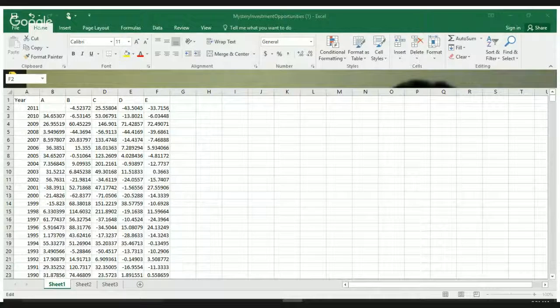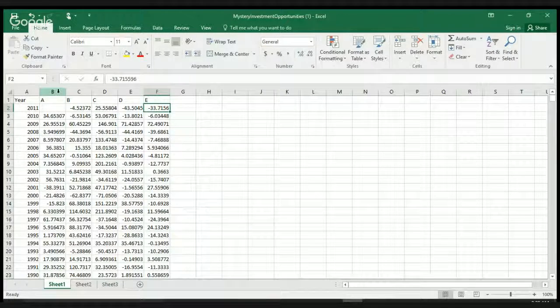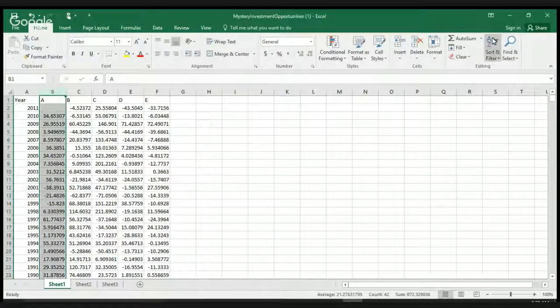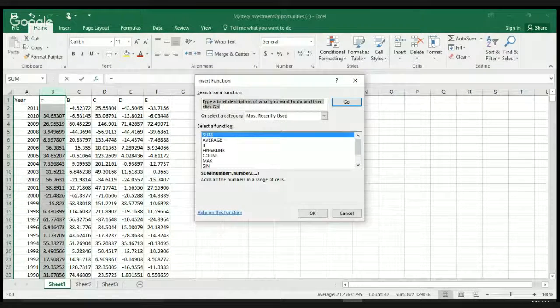Okay, so click on that and then more. Oh, count.